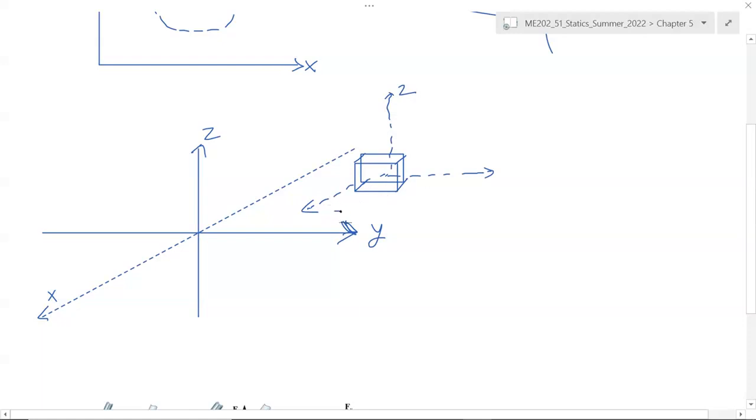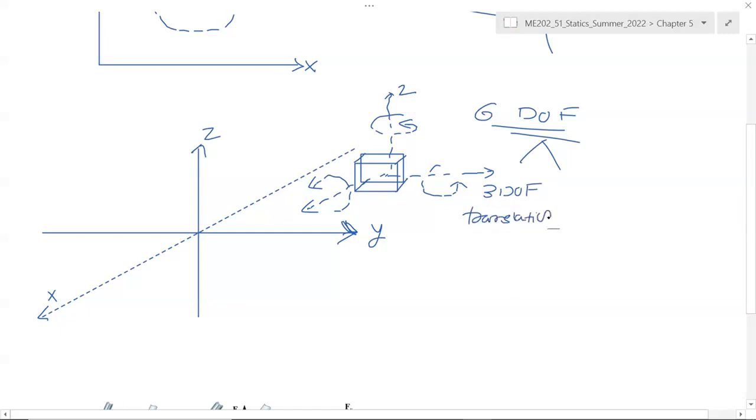Other than that, it can rotate about the x-axis, the y-axis, and the z-axis. So this object has 6 degrees of freedom, out of which 3 are translation and the other 3 are rotational. So this is the concept of degrees of freedom.